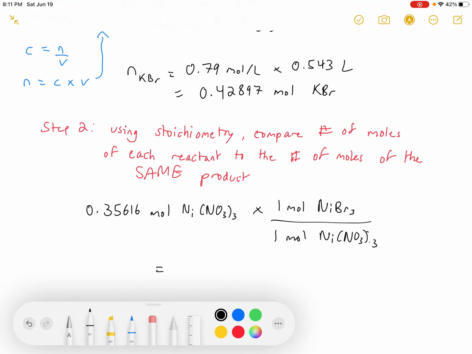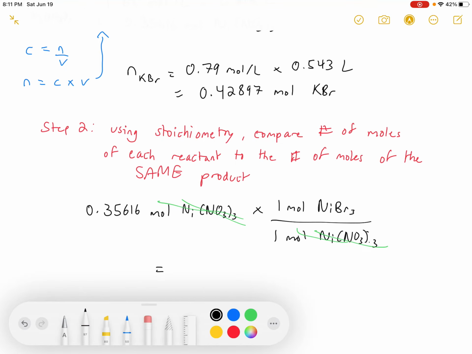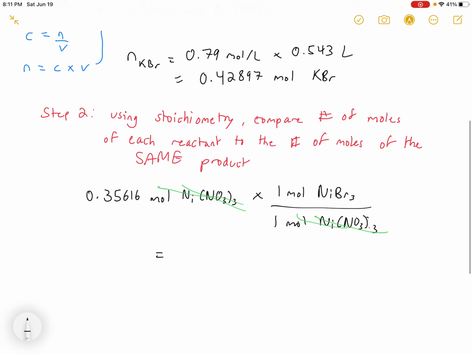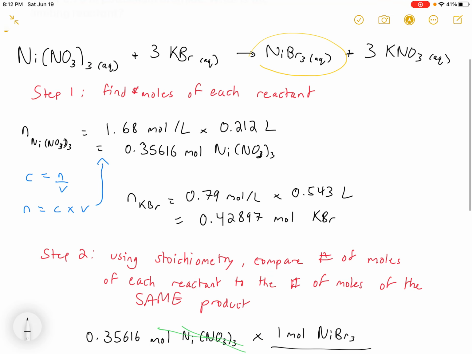The reason why we set up our stoichiometry this way is so that we would be left with units of moles of nickel bromide. So if the nickel nitrate were limiting, we would get 0.35616 moles of the nickel bromide.